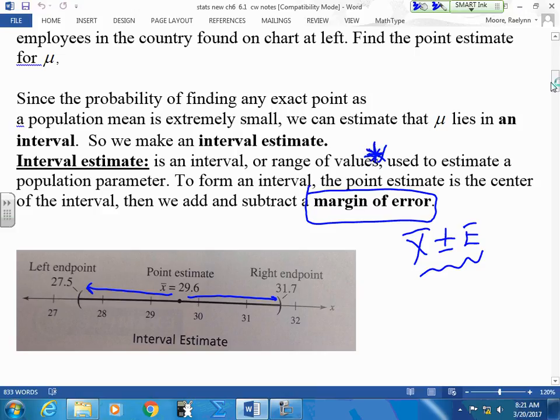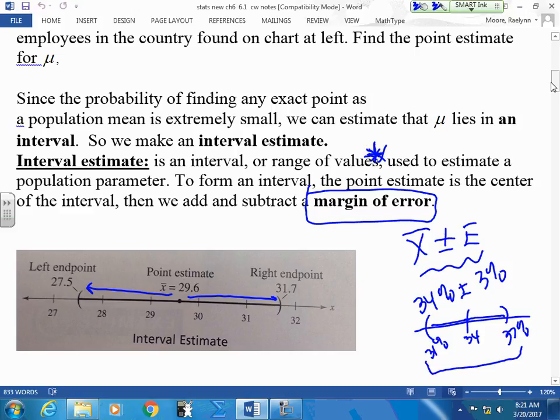So when you looked at the polling rates and you said 34% plus or minus 3%, this put 34 in the middle. It subtracted 3 to give you 31. It added 3 to give you 37. So now I can make an estimate about my population and say for instance it was 34% in favor of Clinton.